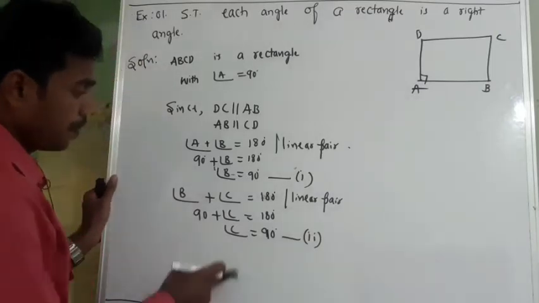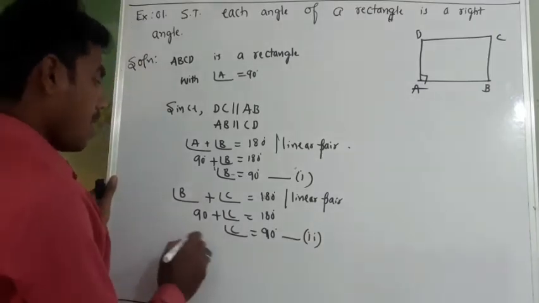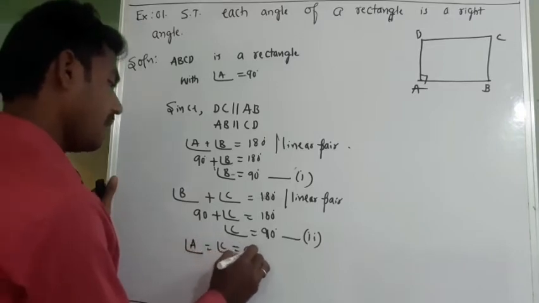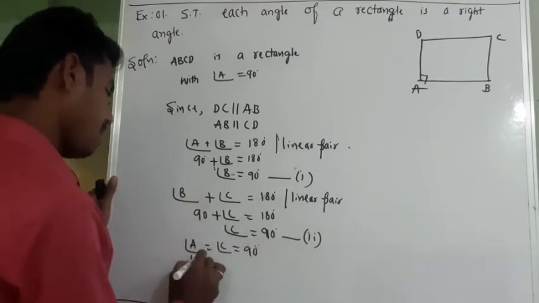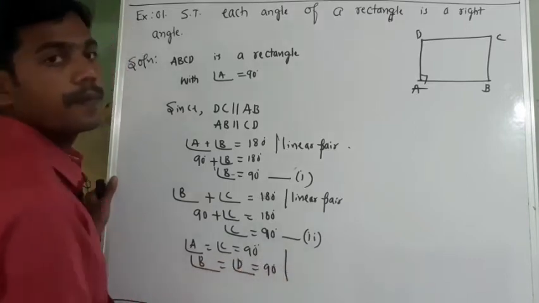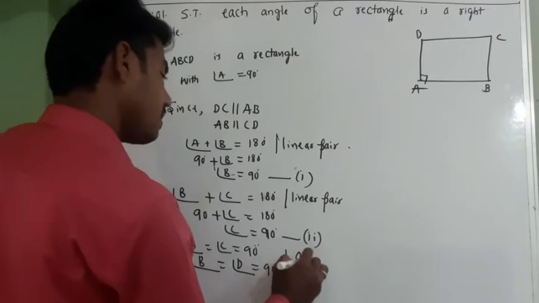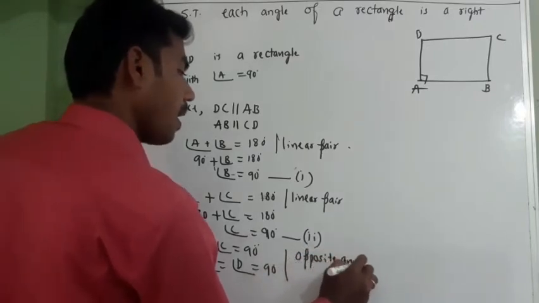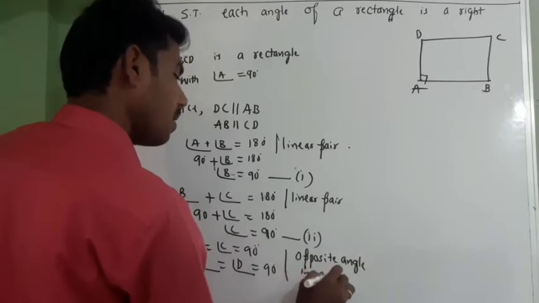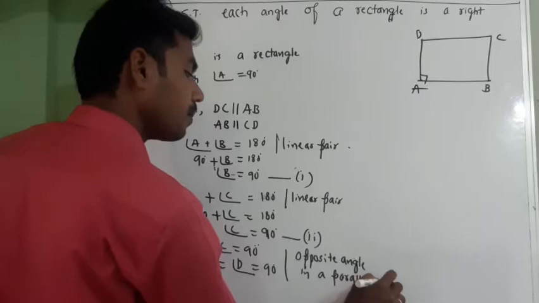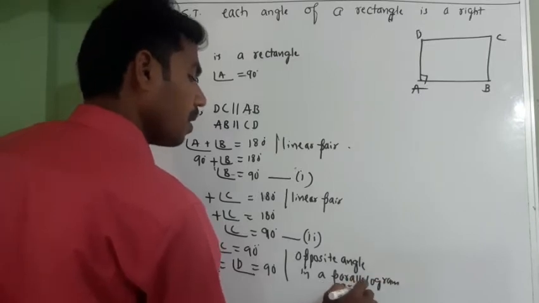So now angle A is equal to angle C is equal to 90 degrees. Angle B is equal to angle D is equal to 90 degrees. Why? Because opposite angles in a parallelogram are equal.